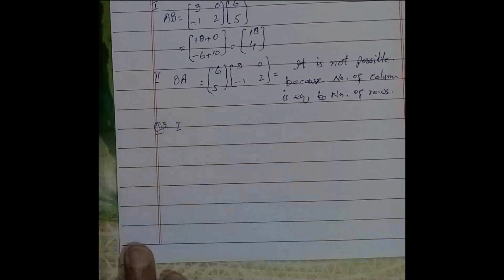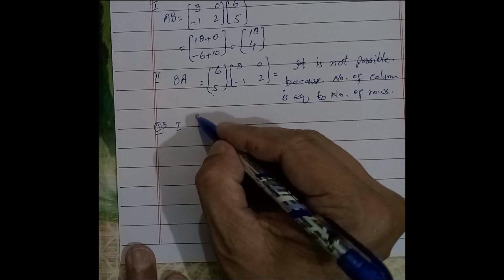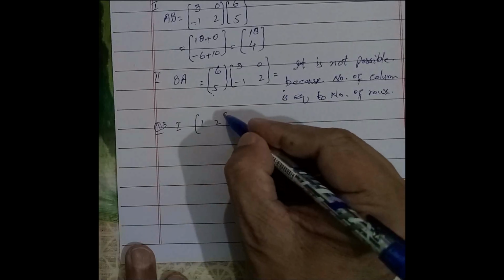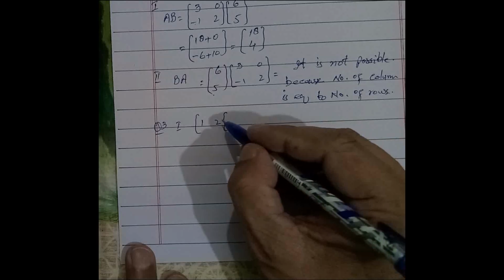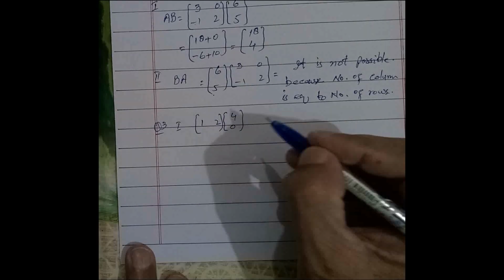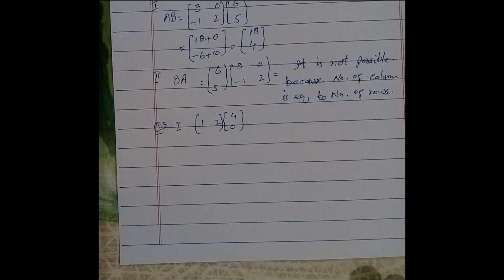The first part is to find the product of the following. The first matrix is 1 2, and the second matrix is 4 and 0. So we first confirm whether they are conformable for multiplication or not.